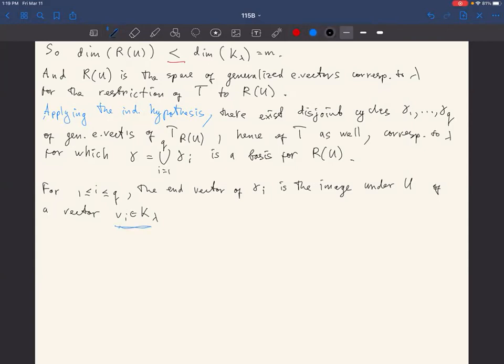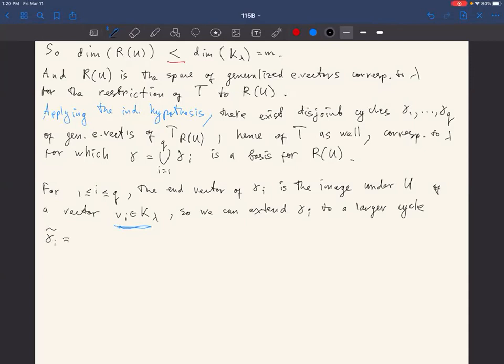And what we claim is that we can extend gamma i by adding this vector at the end. So we can extend gamma i to a larger cycle, which I'm going to denote gamma i tilde.